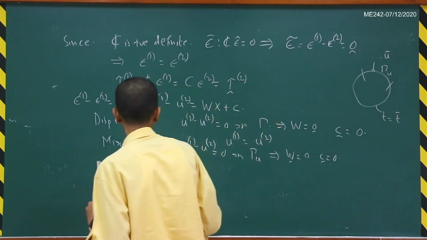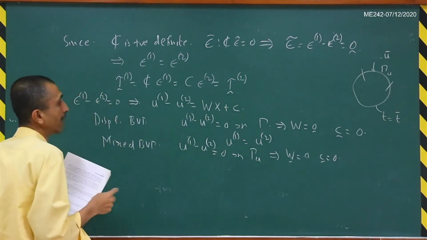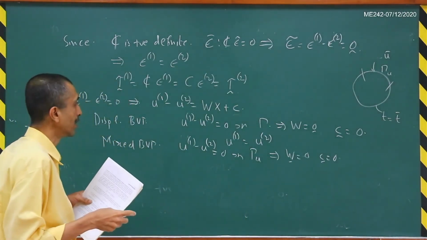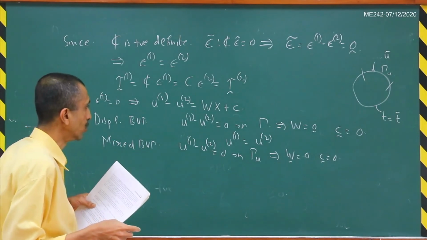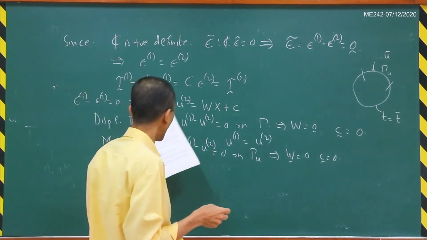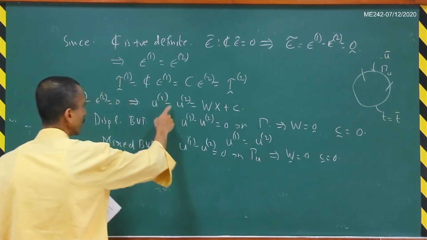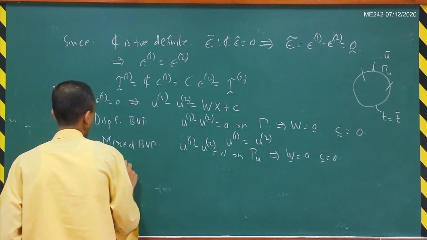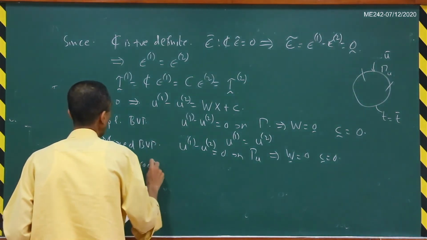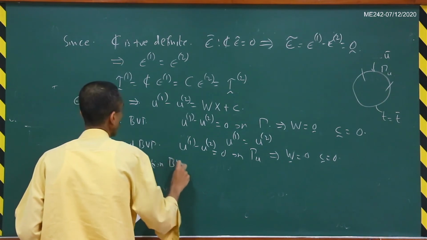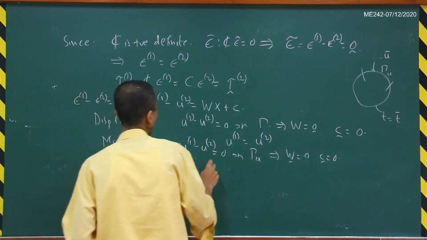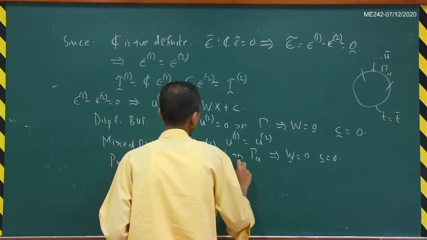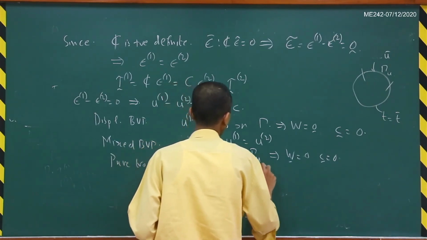But if it's a pure traction boundary value problem, then we cannot say that u1 minus u2 is equal to 0, and so in that particular case you will still have this. So in a pure traction boundary value problem, you will get that u1 minus u2 is equal to w x plus c.